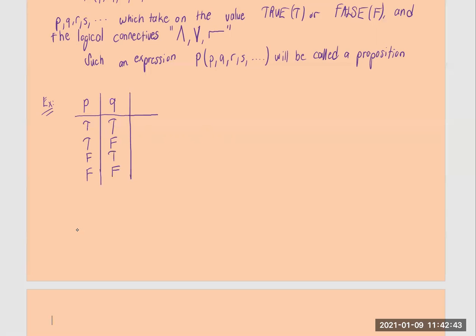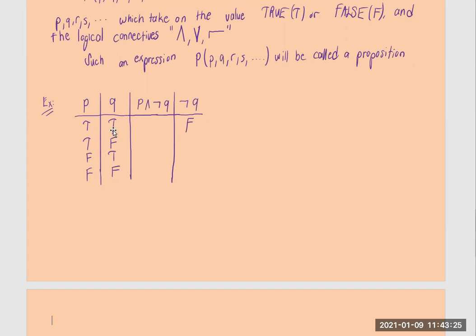So, for example, if you want to find P and not Q, we need to write not Q keeping the same rows.